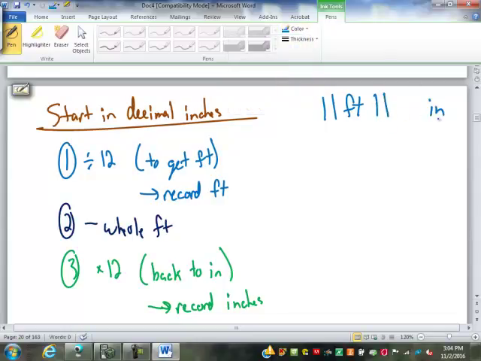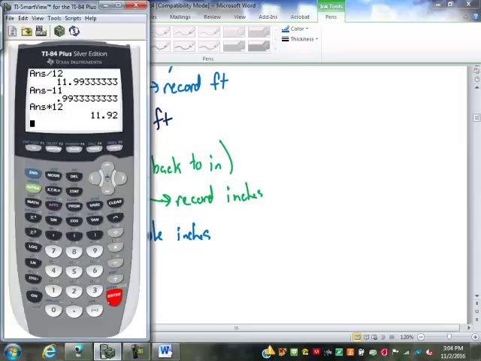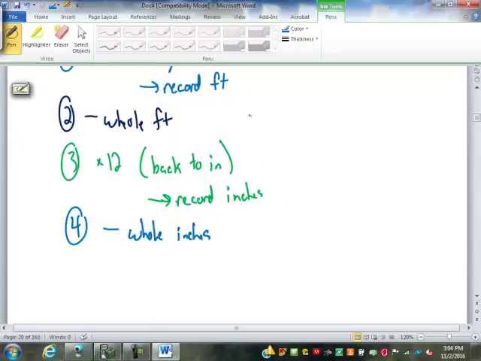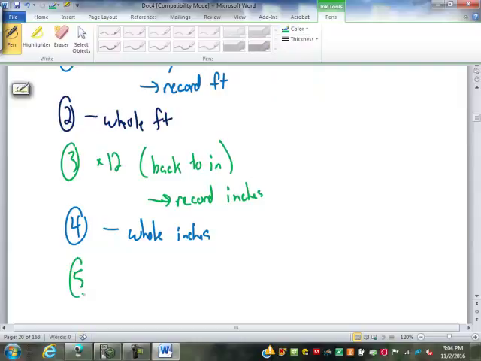Notice I'm leaving some room because my fraction has to go in with my inches as well. So step 4, I'm going to subtract my whole inches. I recorded the 11 whole inches, I'll subtract the 11. And then I'm going to convert my decimal inches into a fraction of inches.